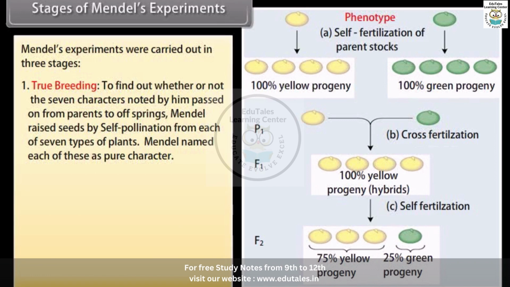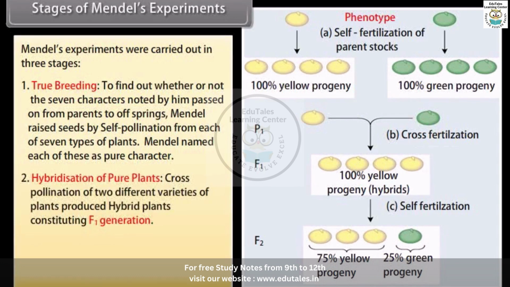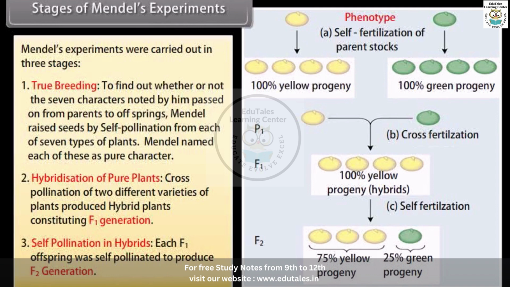Mendel named each of these as pure character. Hybridization of pure plants. Cross-pollination of 2 different varieties of plants produced hybrid plants constituting F1 generation. Self-pollination in hybrids. Each F1 offspring was self-pollinated to produce F2 generation.